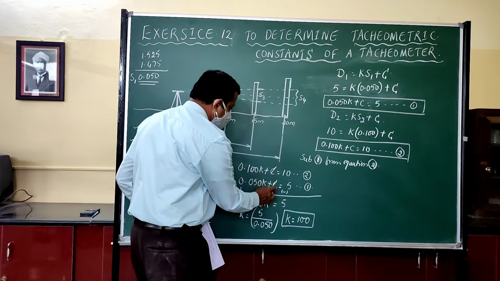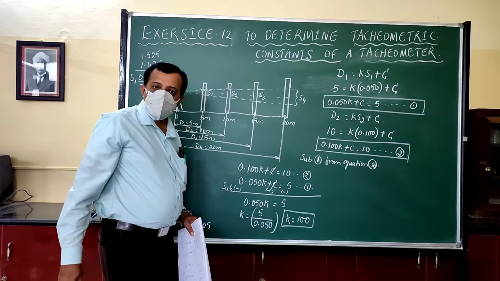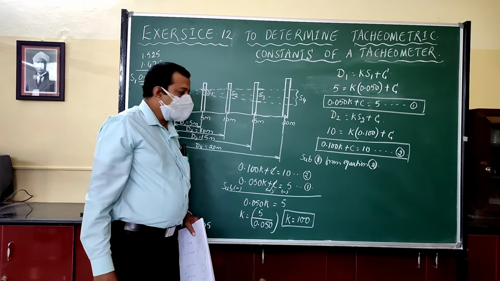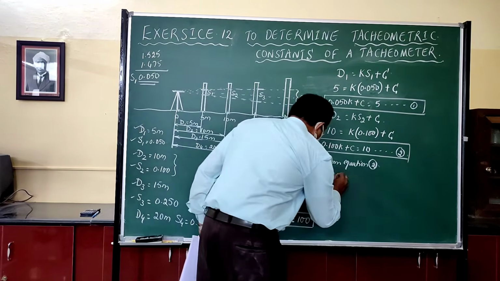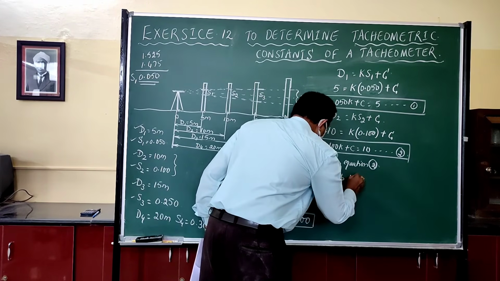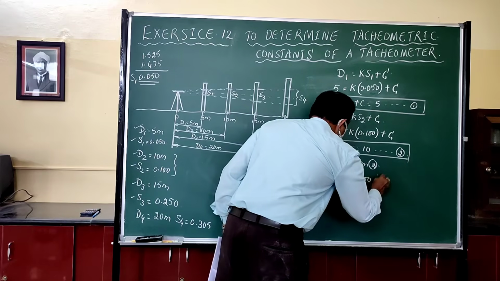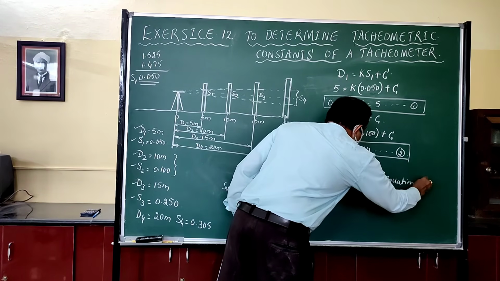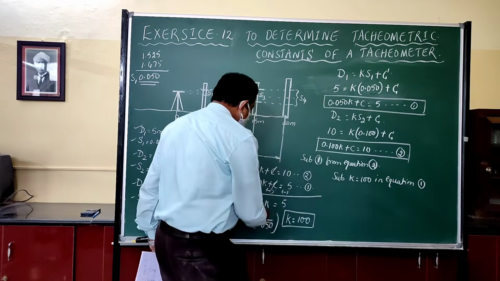Now, we have to find the C value. K value already we have found out. Now, I want to find the value of C. Substitute the value of K in any of the equations. Substitute K is equal to 100 in equation 1 or equation 2.